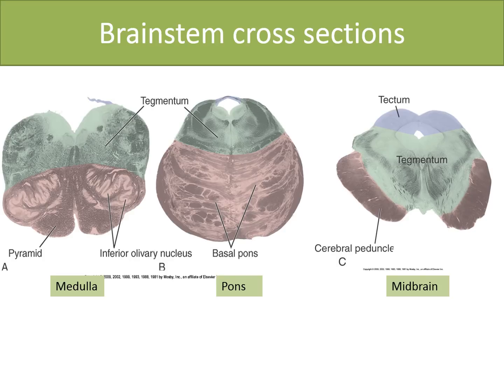And then as you come into the medulla, you'll see a regathering of all of the fibers of the corticospinal tract. So all of the fibers here are largely coming from this region in the cerebral peduncle. And you also see a major structure in the medulla that is known as the inferior olivary nucleus.